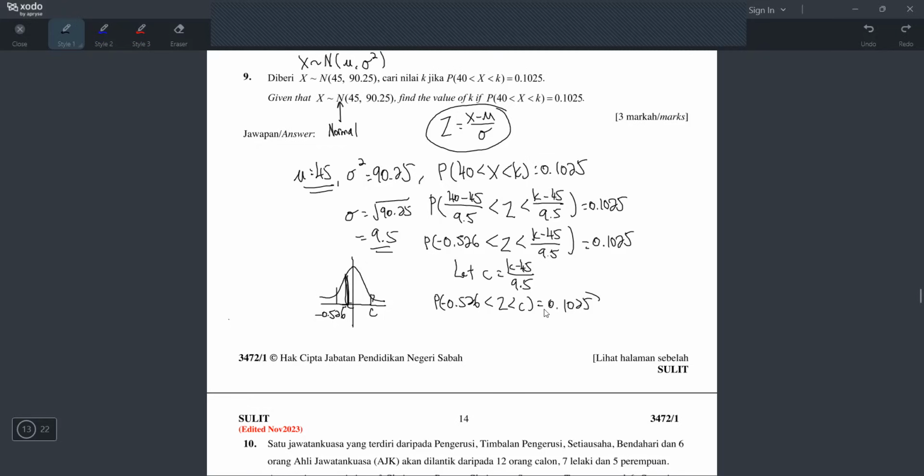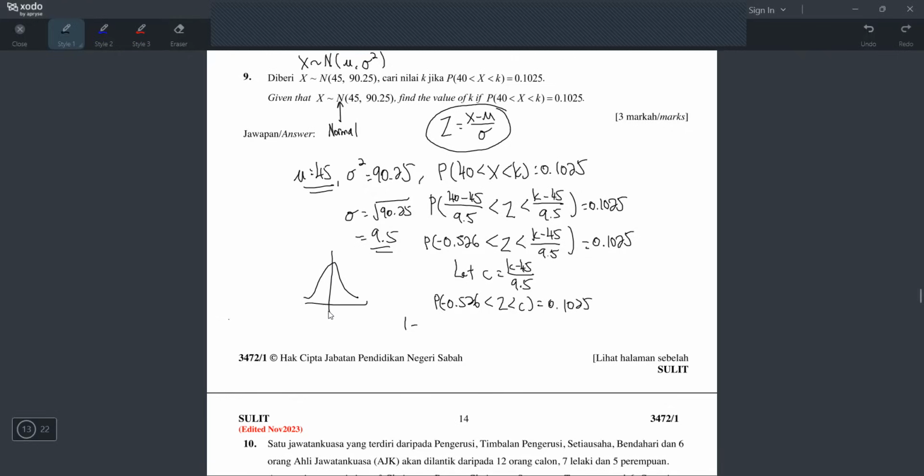But we know the area is 0.1025, and it's possible to be here and it's possible to be positive also. Since we don't know if my C is positive or negative, and there's no method to determine whether it's positive or negative, what we do is we will just take 1 minus. So 1 minus what? Okay, let's draw it out.